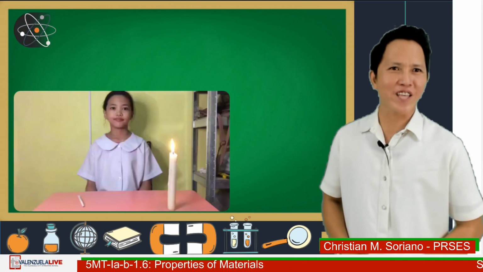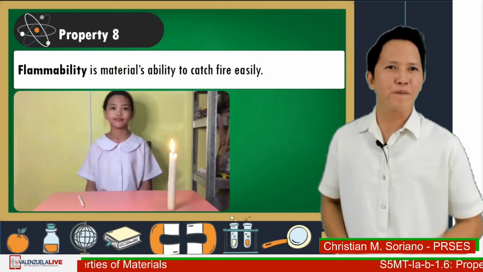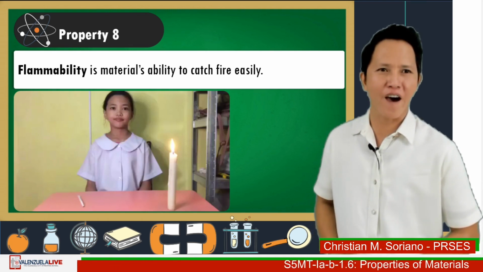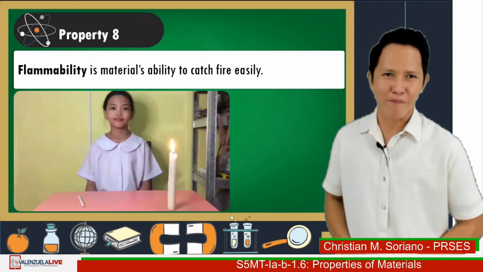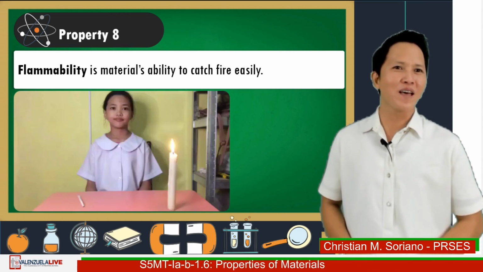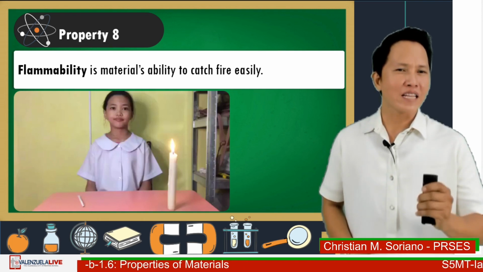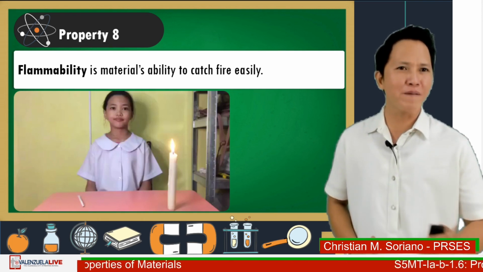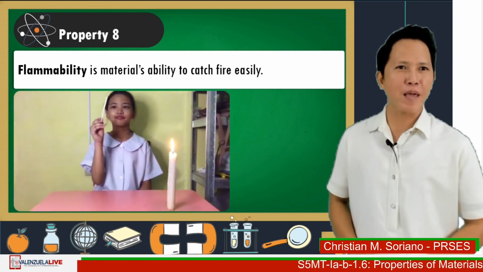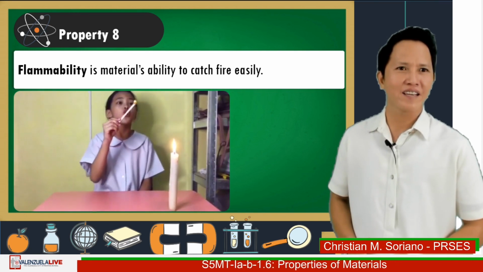Now, this time we have another property. It is flammability. It is the material's ability to catch fire easily. But I'm not encouraging you to perform this in your home. Simply, the video will demonstrate to you the flammable materials. A piece of paper is a flammable material. Okay?